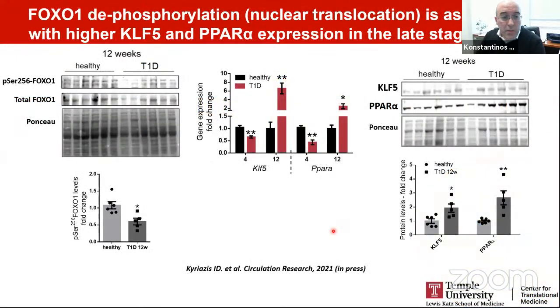In those diabetic mice, we confirmed that phosphorylation of FOXO1 was suppressed, and this was associated with increased expression of KLF5 and PPAR alpha, both at the RNA and protein levels.